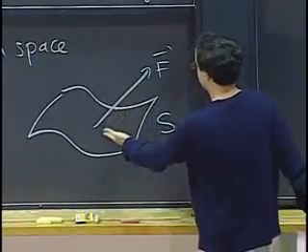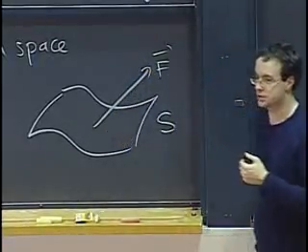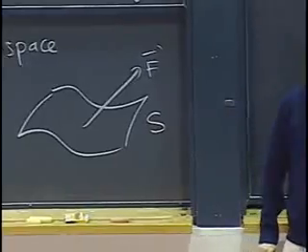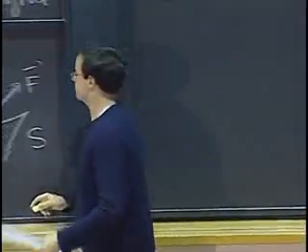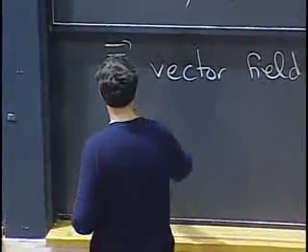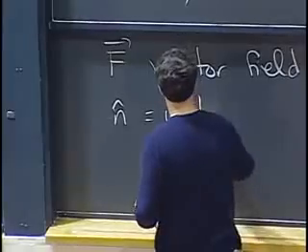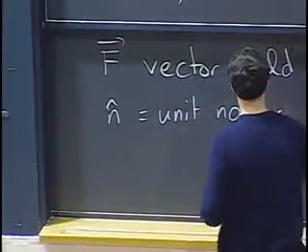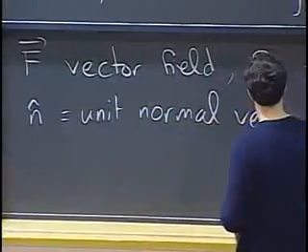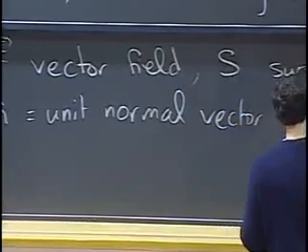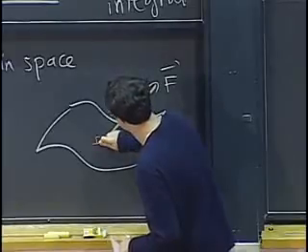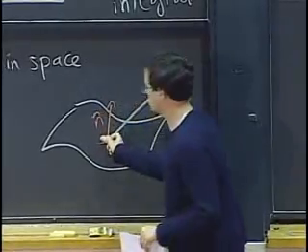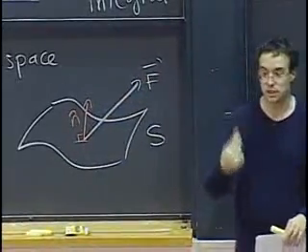Well, I want to figure out how much my vector field is going across that surface. So that means actually I want to figure out the normal component of my vector field. Okay, so I will use, as in the plane case, the unit normal vector to S. So, I take my point on the surface, and I build a unit vector that's standing on it perpendicularly.